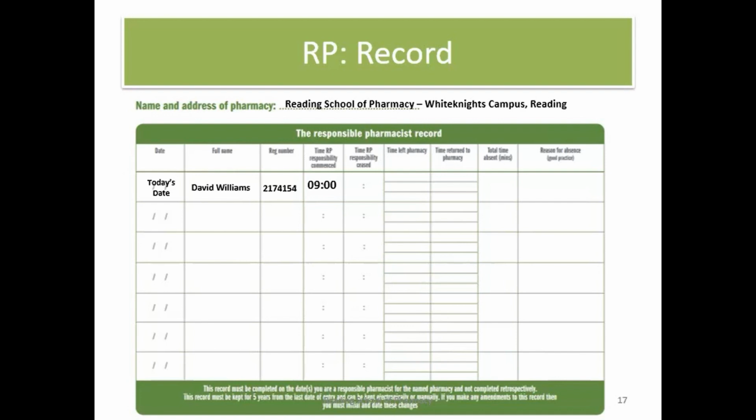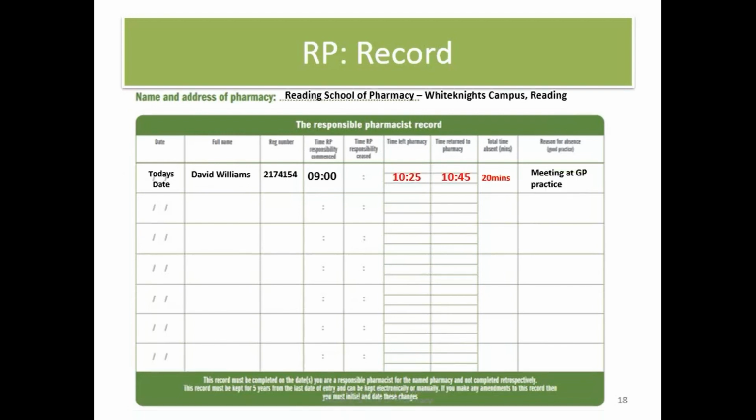You then put in your registration number, and then the time that you commence your responsible pharmacist duties. And remember, it's the time that you actually start, not when you were meant to start. And then you have these other sections which you leave blank unless you're leaving the pharmacy or you cease your position as responsible pharmacist.